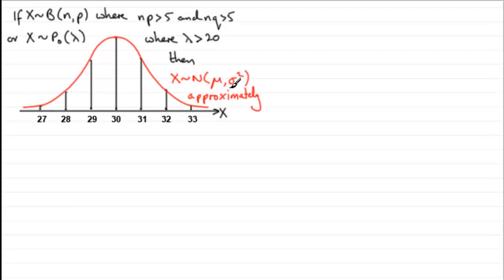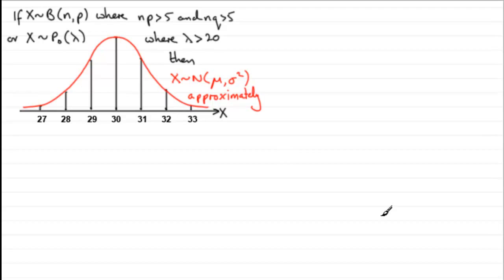But we've got to be careful because when we work out these probabilities for the normal distribution, this is going to be given by the area trapped within various regions. And what we've got here is discrete values given by these black lines here. We've got spaces within these intervals.